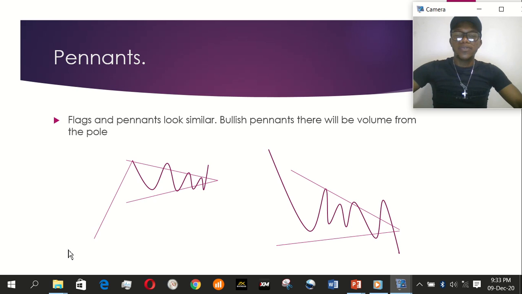So if the market is in a bullish trend like this, then if you see a breakout here, it means the market is bullish. But if the market is going down, it will consolidate briefly. Then once it breaks this support level, the trend will continue to go downwards.